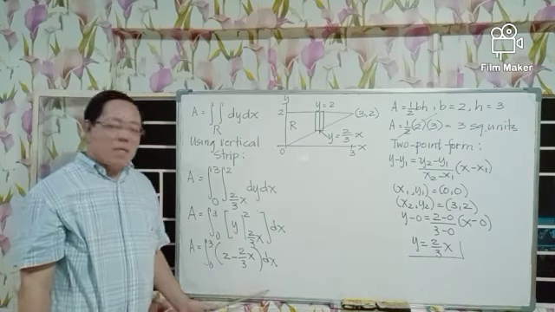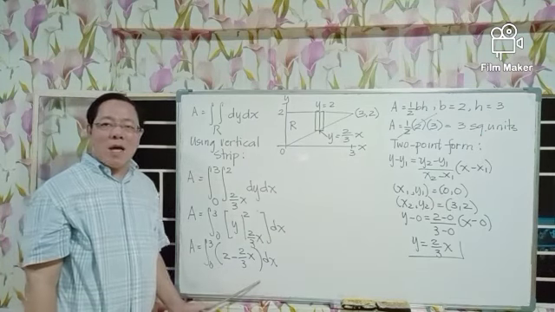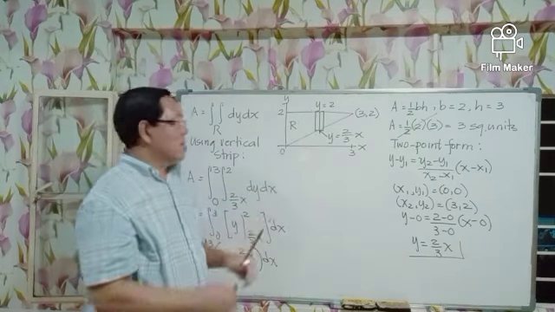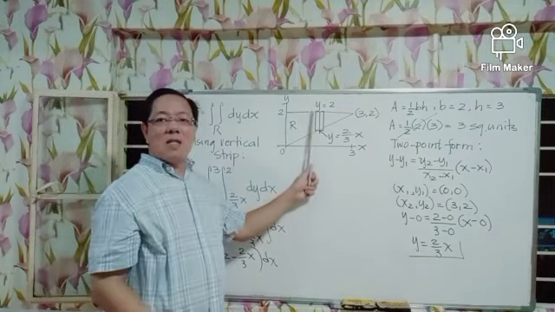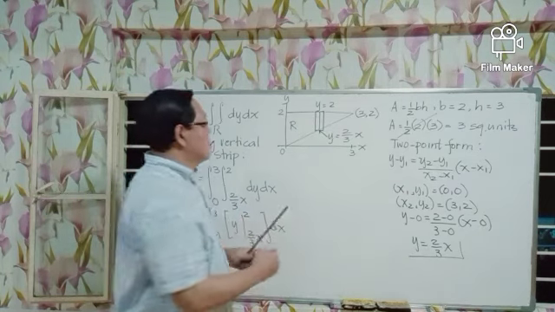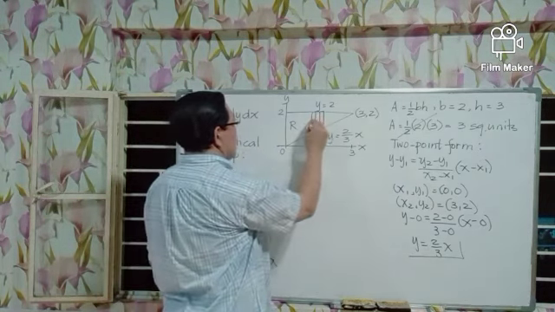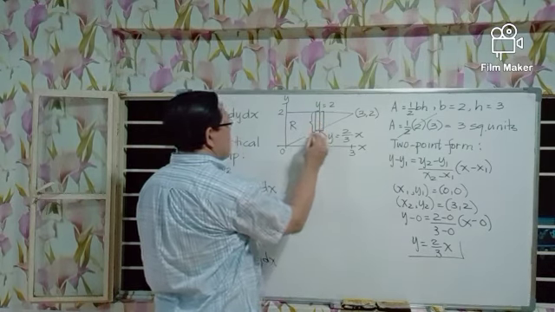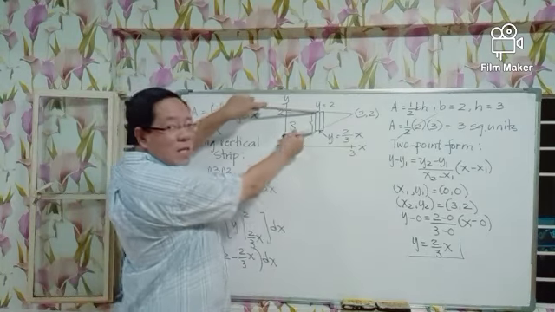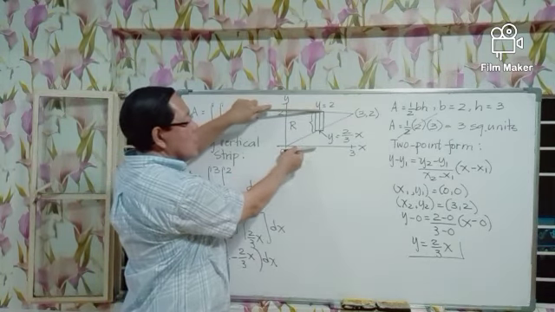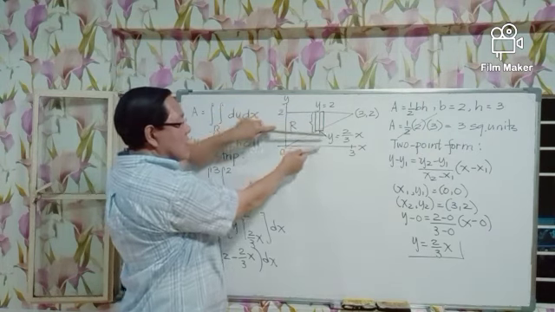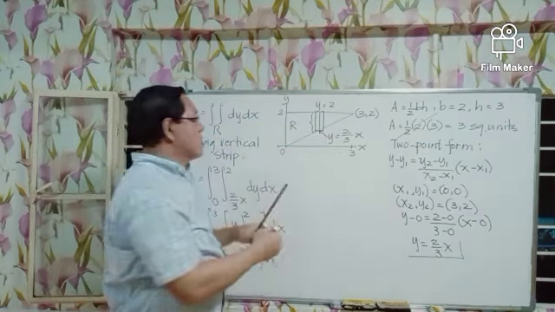And this difference, 2 minus 2/3 x, is actually the height of this rectangular element, this vertical strip or vertical rectangular element from region R. So the height of this vertical strip is equal to 2, the value of y at this point, minus this height, which is given by 2/3 x.